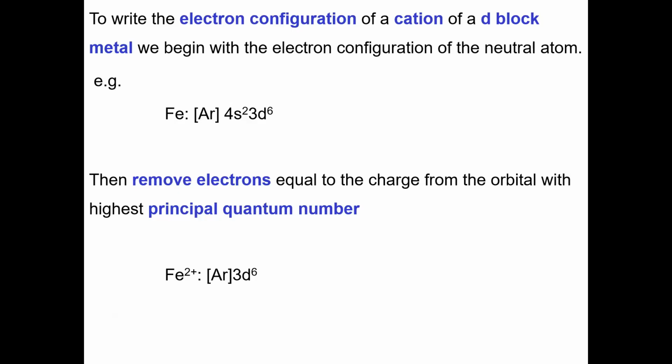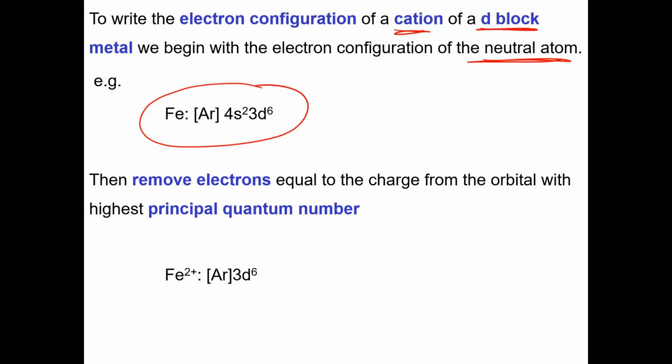So we've looked at how we write cations of the s block metals and anions of the p block nonmetals, but what about the cations formed by the transition elements, or what we call the d block metals? Again, begin with the electron configuration for the neutral atom, which we know how to write using our Aufbau diagram.